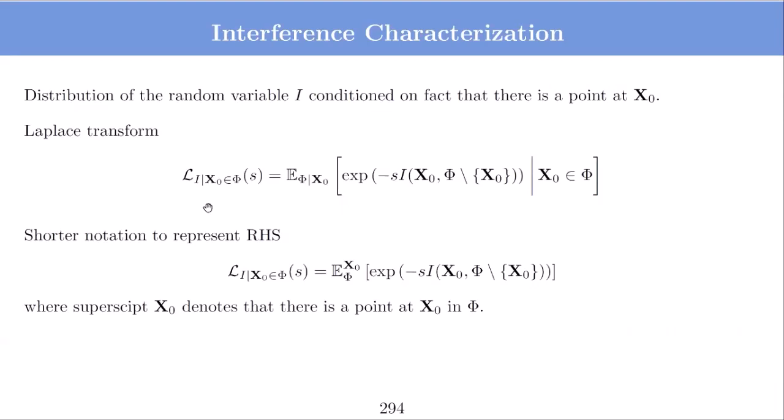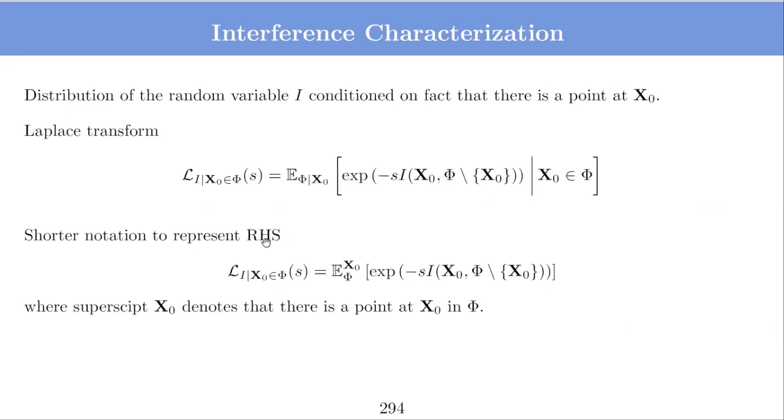So this interference is always conditioned on the desired transmitter. Here I am conditioning that x0, the desired transmitter, is part of the point process. Conditioned on that, the interference Laplace transform is given as e to the power minus sI, given x0 belongs to phi. And I am explicitly writing that I is a function of x0 and phi minus x0.